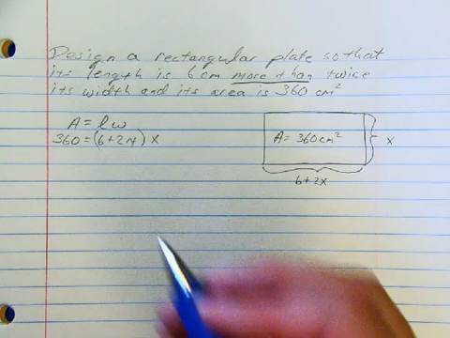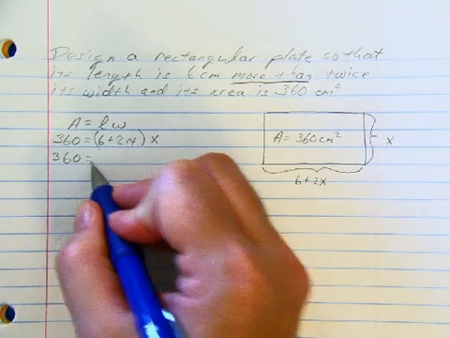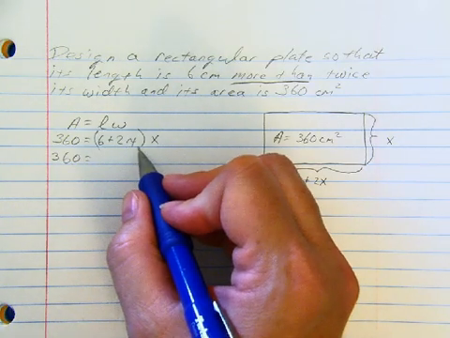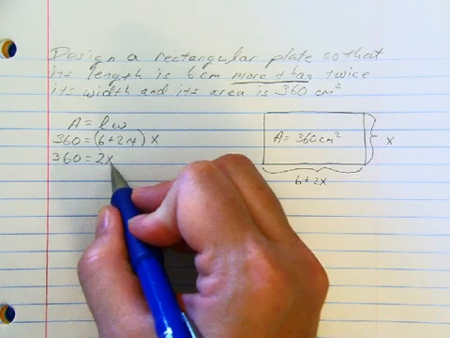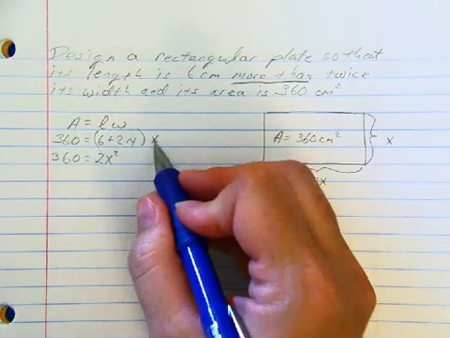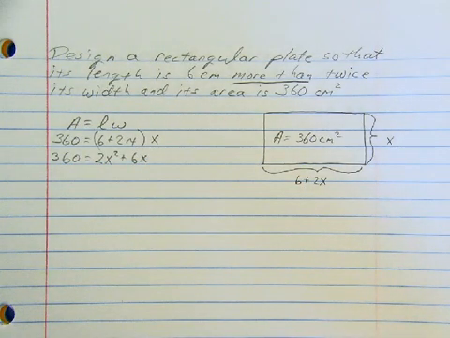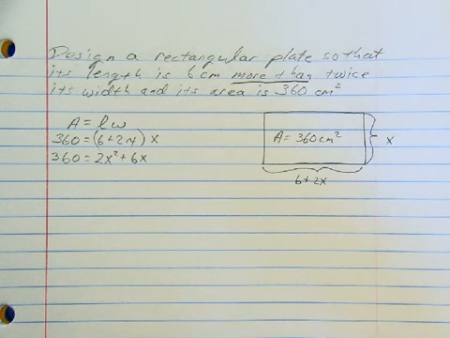So then if we multiply this out and distribute, we get 360 equals. I'm going to move the x term in front since that's going to be the higher degree. So this is going to be 2x squared plus 6x. Now you can kind of see why we're going to be using the quadratic formula or factoring here.